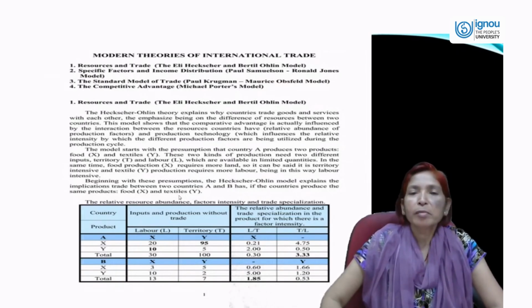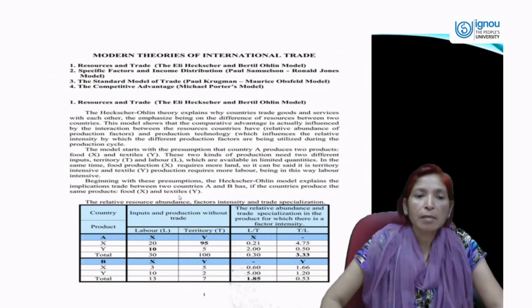This model starts from the assumption that country A produces two products, like food and textile. These two kinds of products need two different factors, like labor and capital, which are available in limited quantity in each and every country.